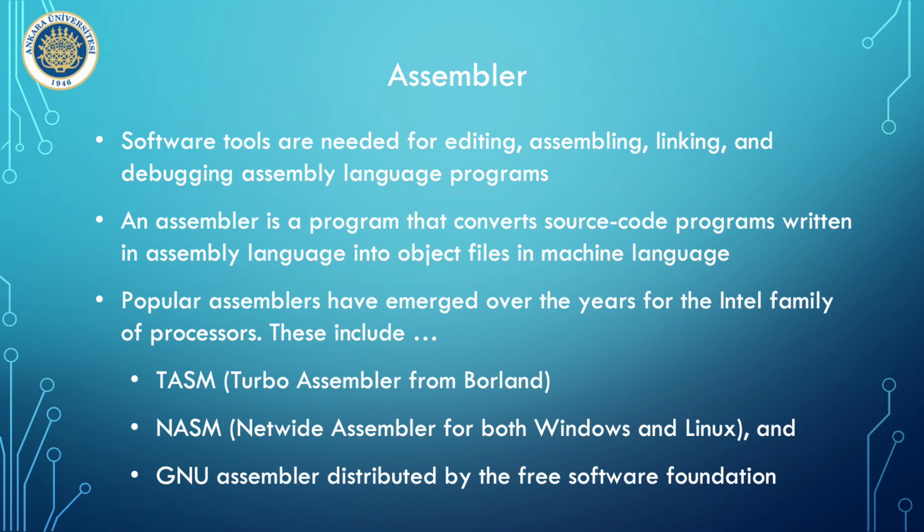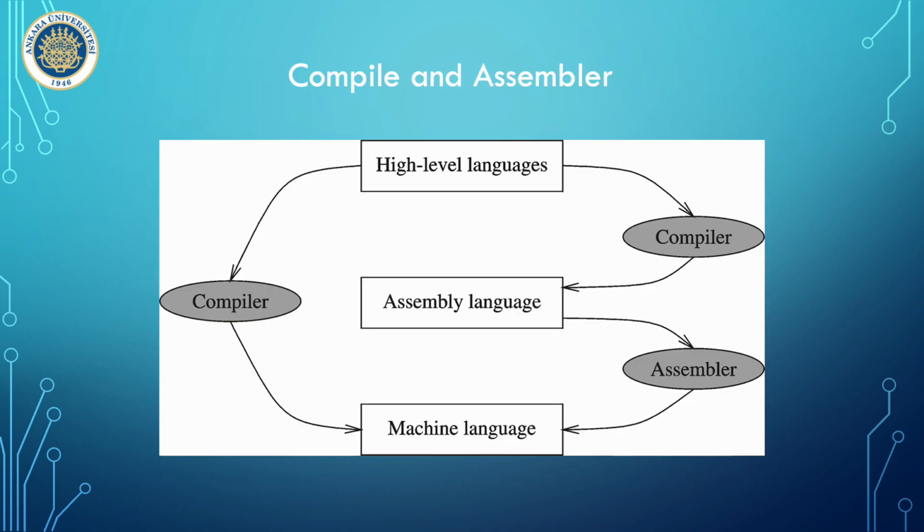An assembler converts assembly source code into object files containing machine language. Assembly programming requires a toolchain including editors, assemblers, linkers, and debuggers, each serving a specific role. Common examples include NASM and TASM, as you see on the slide. This slide contrasts compilation and assembly.